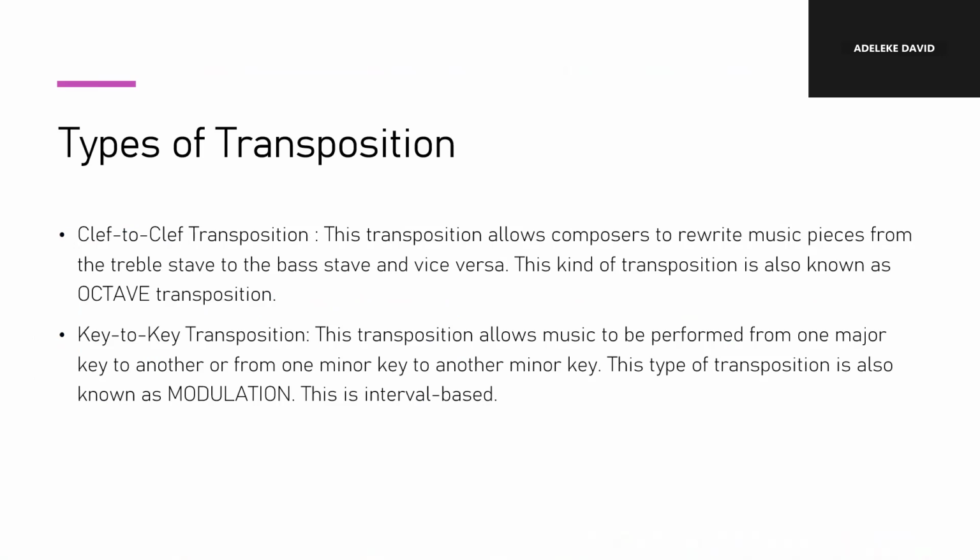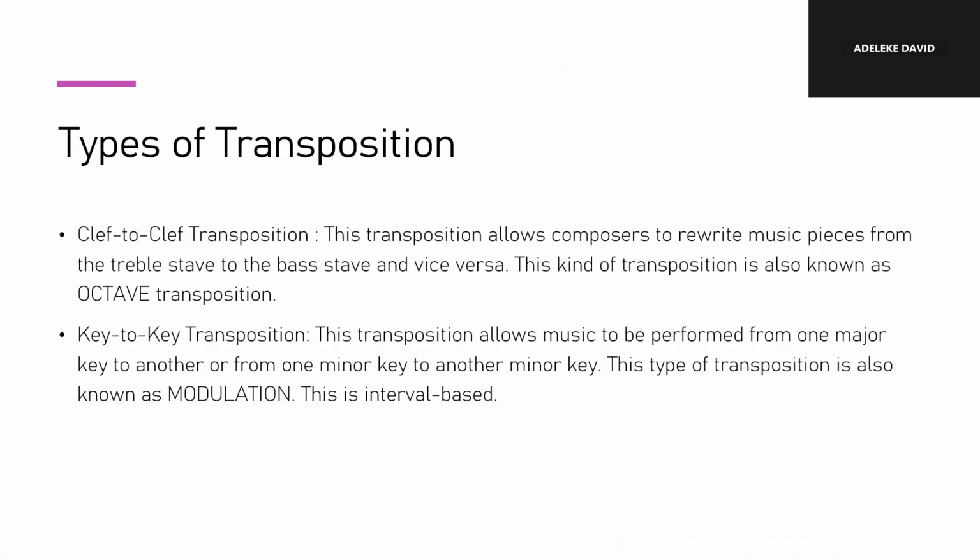We have the clef to clef transposition and the key to key transposition. Now, the clef to clef transposition allows a composer to rewrite a music piece from the treble stave to the bass stave and vice versa. This kind of transposition is also known as octave transposition. In your previous class, in the course of learning ledger lines two or more above and below the stave, we talked about octave, right?